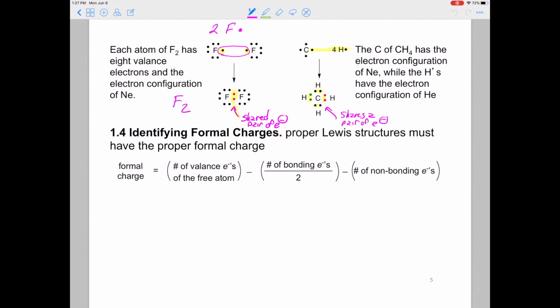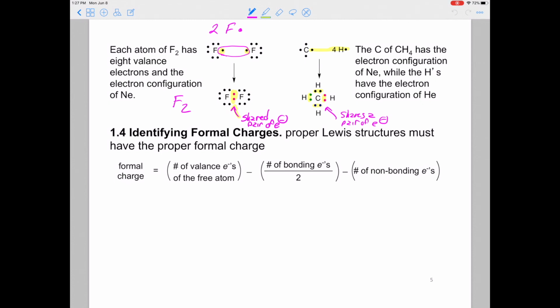Now, drawing structures of even modest complexity and including all 8 electrons around all the atoms will be very cumbersome, and so we have developed shorthand methods for doing this. First, what you will often see is electrons not participating in bonding are omitted, but they're understood to be there.